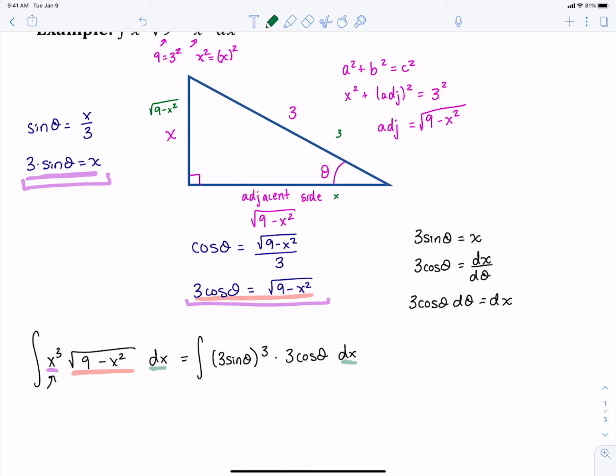The reason why we don't is actually this part right here, where we're converting that dx to a d theta, because this would have us with cosine of theta equal to x over 3. We would be doing this process that we just did, that I'll circle again in green, with cosine, and we'd end up with our derivative being negative sine.